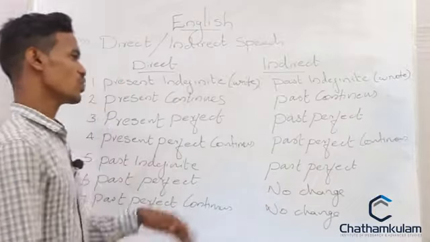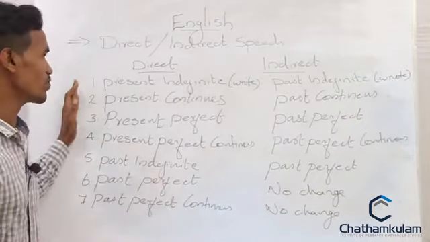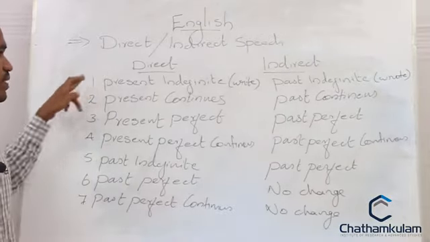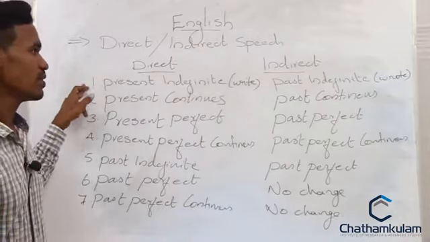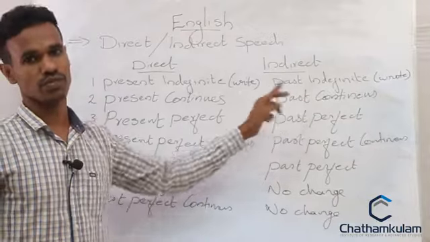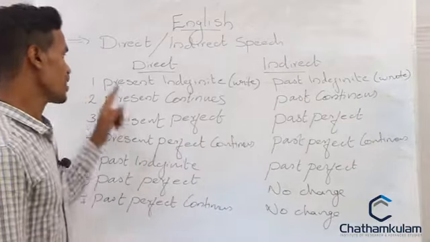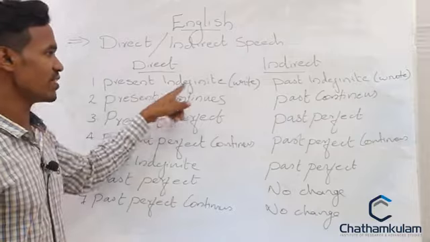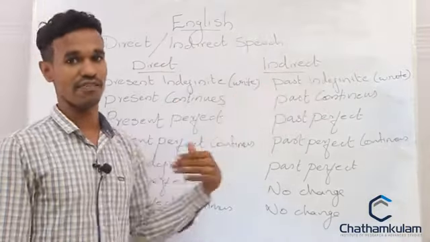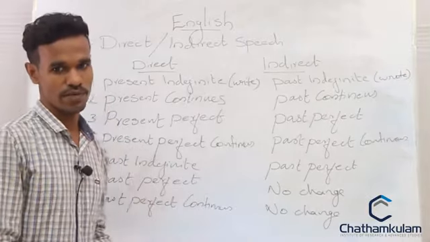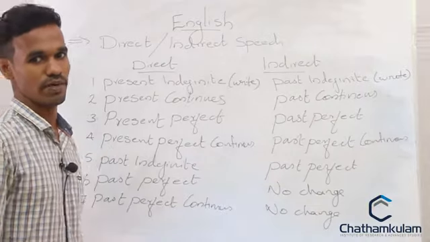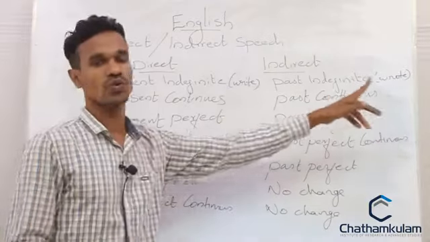As the basic concept of the rules of direct and indirect speech, there are direct present terms, and we have to convert them into indirect, which means the past. So present indefinite will be changed into past indefinite. For example, write will be changed into wrote.